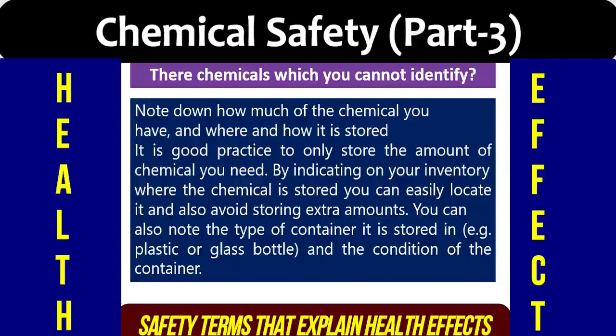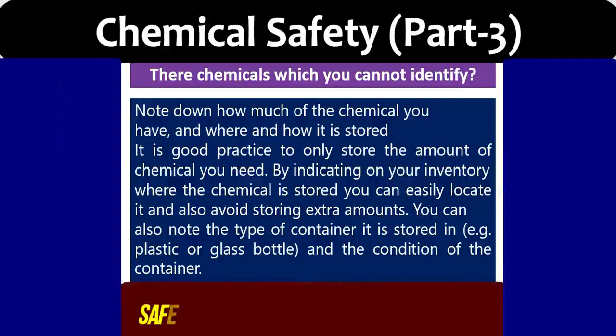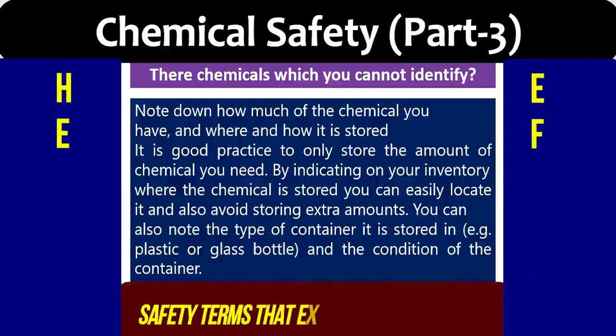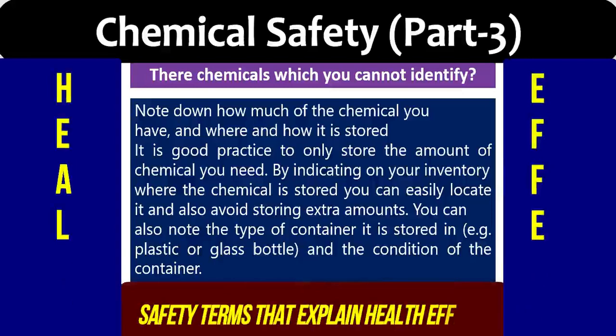By indicating on your inventory where the chemicals are stored, you can easily locate them and also avoid storing extra amounts. You can also note the type of container it is stored in, for example, plastic or glass bottle, and the condition of the container. It will help anyone implement chemical safety on the work site and maintain best safety practices with respect to chemicals at work.